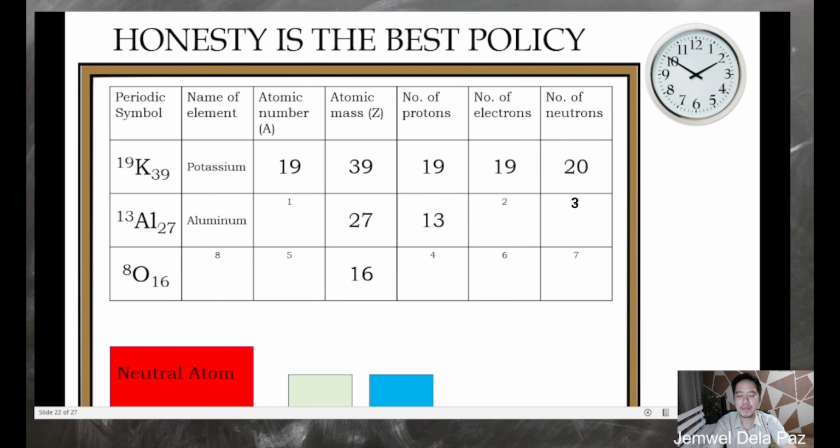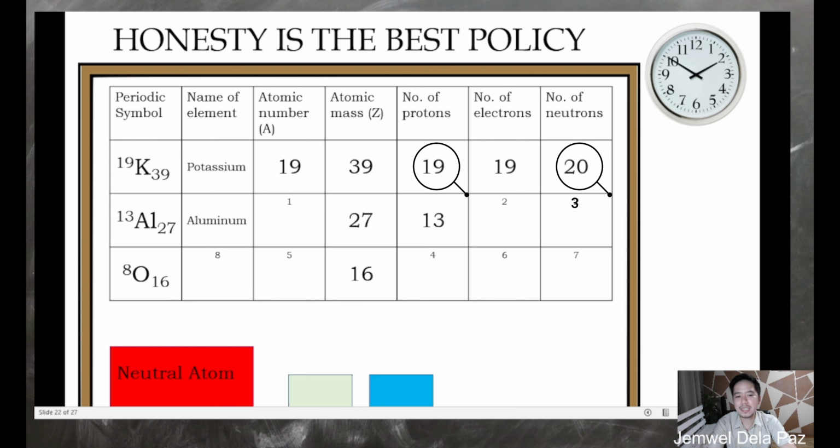If you are about to examine the given example, the atomic number of the element is equal to the number of protons and number of electrons. The atomic mass of the neutral atom is equal to the sum of number of protons and neutrons.